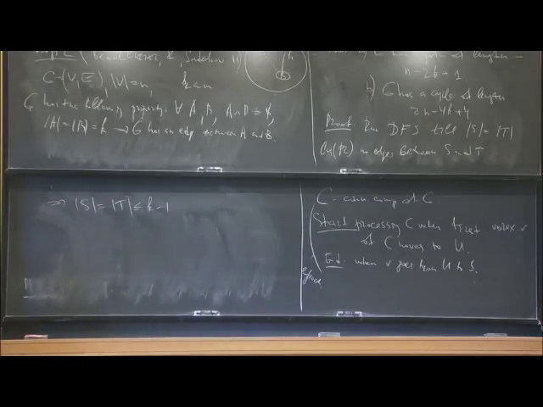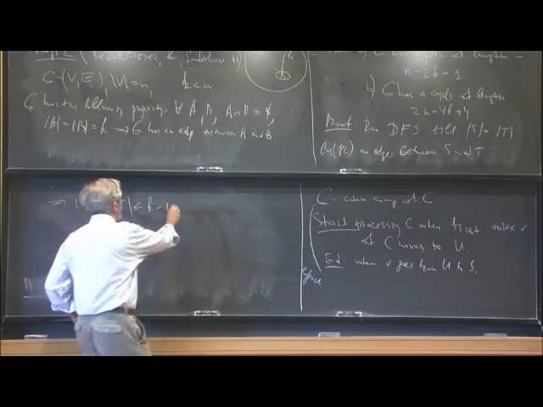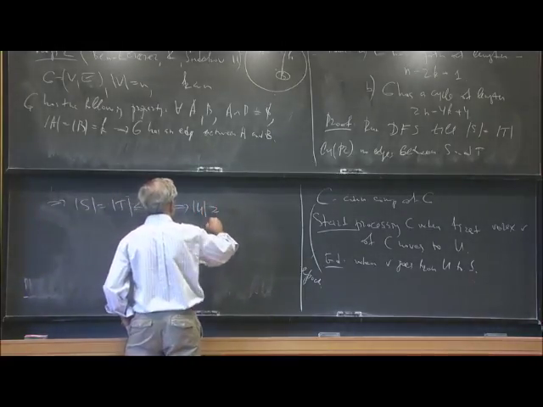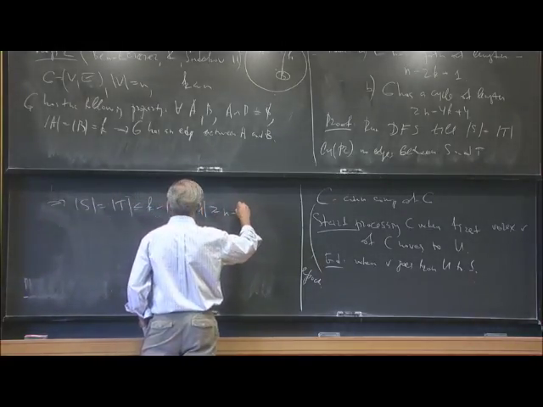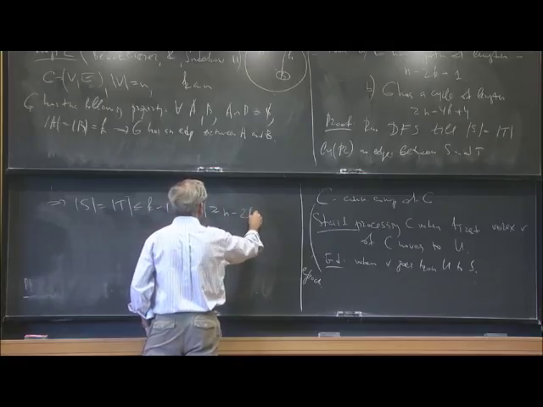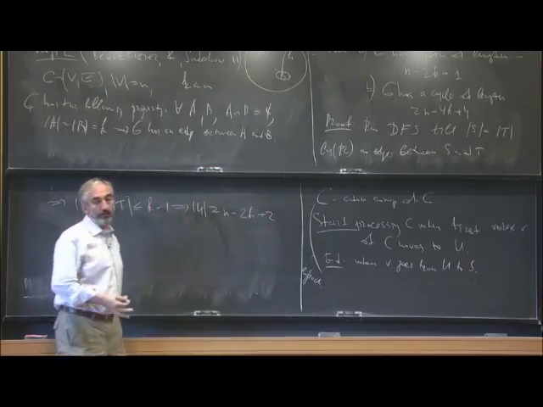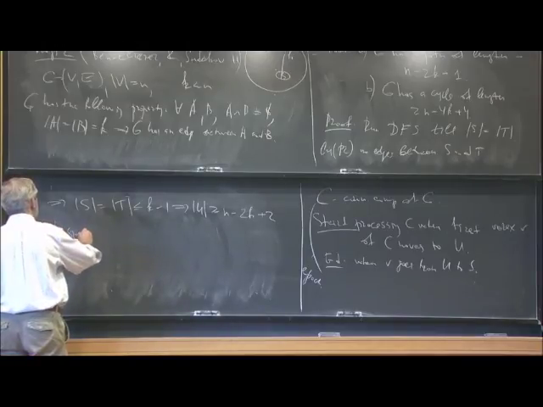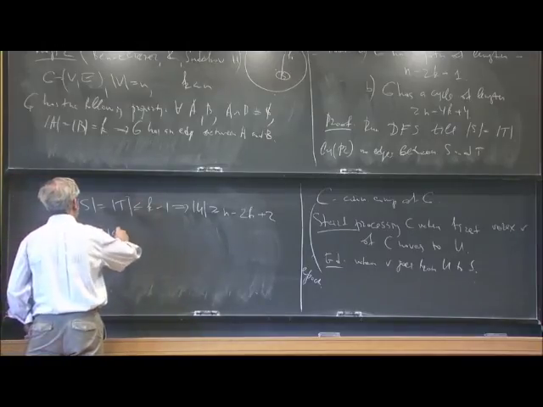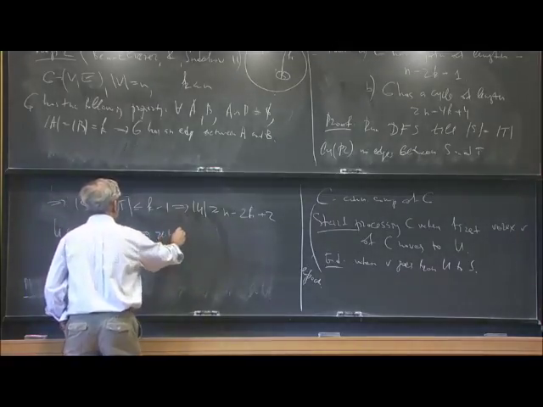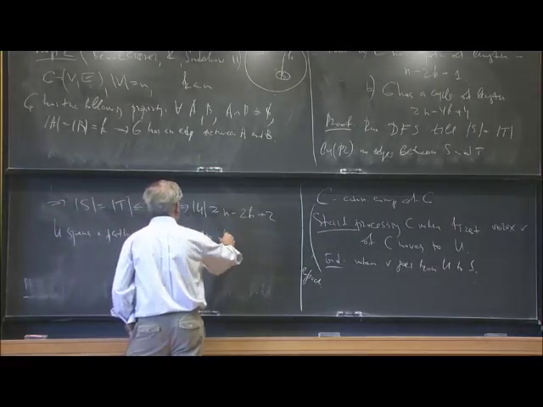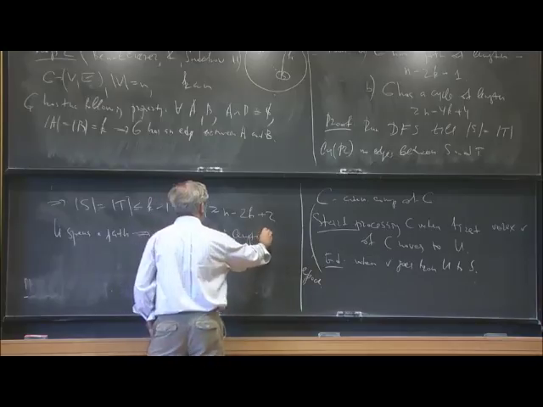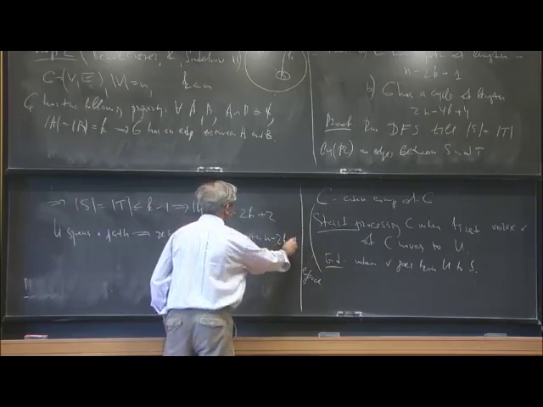Now the rest of the vertices reside in U. So the size of U is at least as large as n minus 2k plus 2, and we know that U spans a path. Okay, U spans a path. We get a path of n minus 2k plus 1 edges.